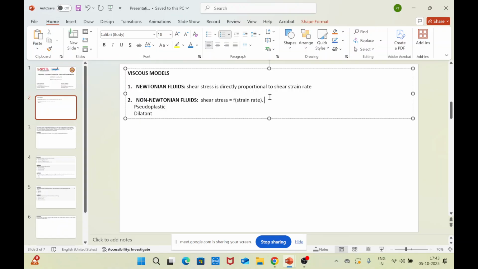Since the names are now here, can anyone tell what they actually mean? What do you mean when you say a non-Newtonian fluid is going to exhibit pseudoplastic behavior, or when a non-Newtonian fluid is going to be a dilatant fluid?